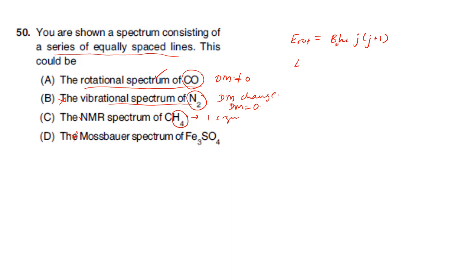For J equal to 0, rotational energy is 0, and for J equal to 1, E rotational is 2Bhc. For J equal to 2, it is 6Bhc, and for J equal to 3, it is 12Bhc.